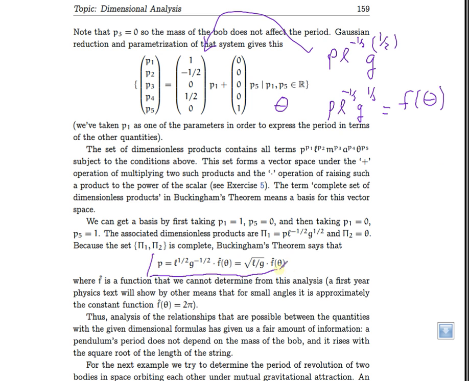He's just moved the L and the g to the other side. And it turns out that this function turns out to be a constant, turns out to be 2 pi. That's something you can't tell from dimensional analysis, but the remarkable thing is we've told so much about the solution without doing any experiments at all. Amazing.